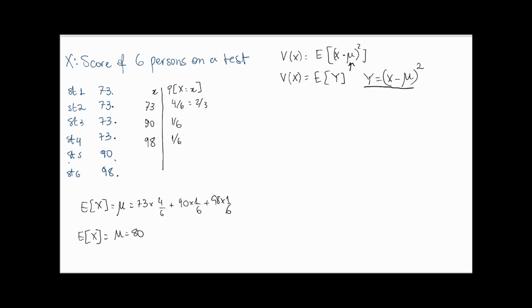I'm creating a new variable y that takes on the x with an operation on the original. So this is the original variable, this is the new one, and this is the operation. It's a nonlinear operation because we have a square there. But what I have to do at the end of the day to find the variance is to calculate the expected value of y.